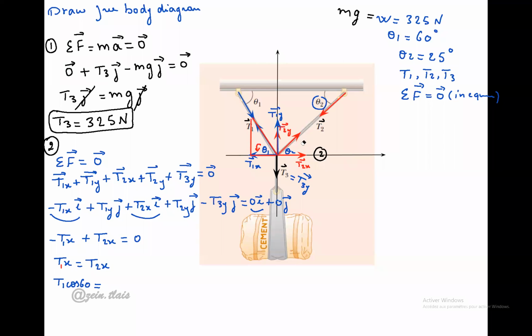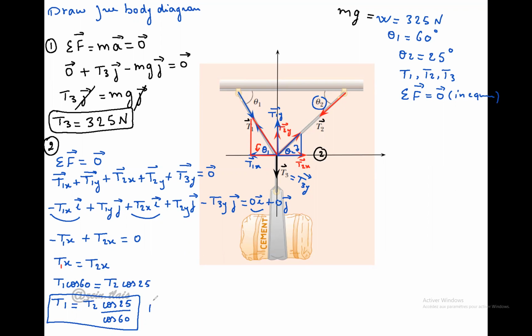We can calculate T2x by using this triangle. T2x is adjacent to theta 2, so T2x equals T2 cosine of the angle theta 2, 25. So T1 must be equal to T2 cosine 25 divided by cosine 60. Okay, this is the value of T1 in function of T2.